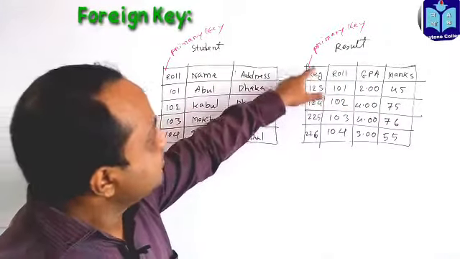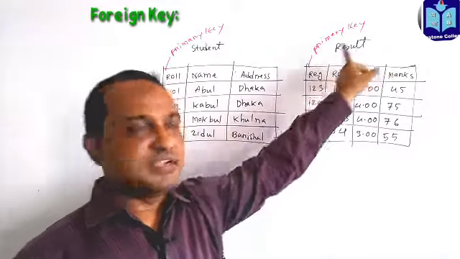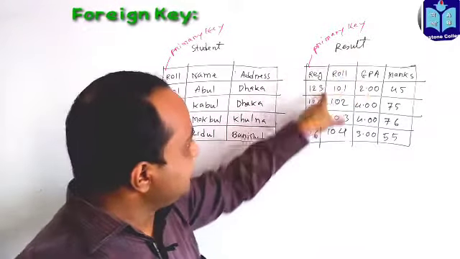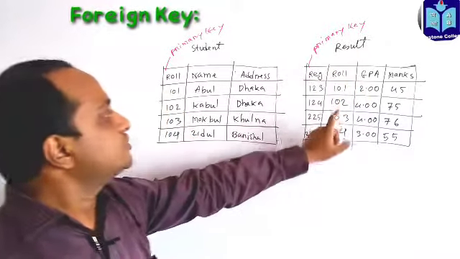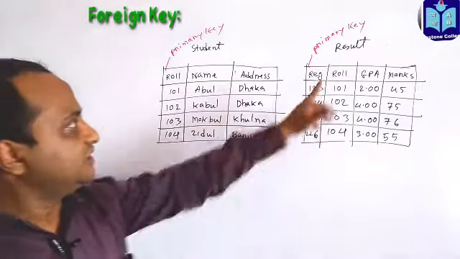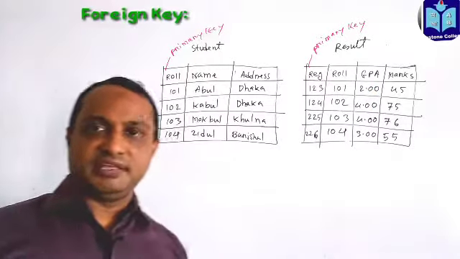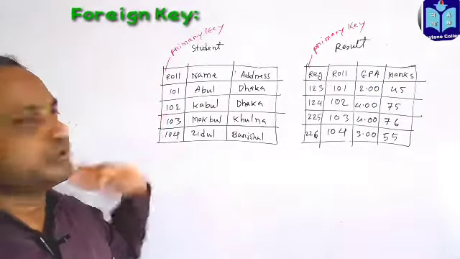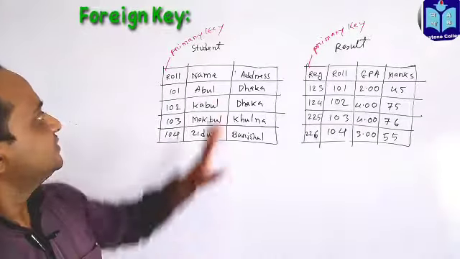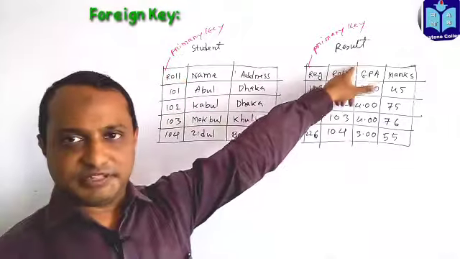And here registration number is a primary key in the result table, and for this reason this roll field is known as a foreign key with respect to the student table. Here the result table's roll is a foreign key with respect to the student table. Try to understand. Again I say there are two tables here, one is the student table, another is the result table.